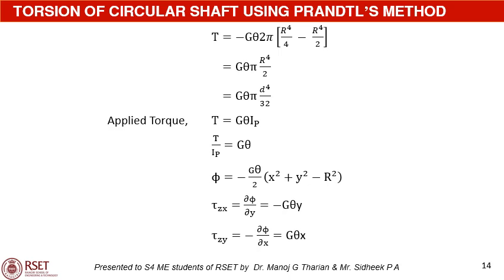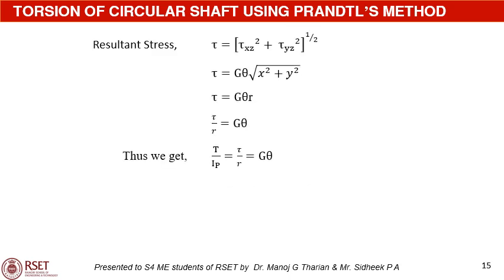Substituting for phi, we get tau zx is equal to minus Gθ into y. The shear stress component tau zy is equal to minus ∂phi/∂x. Substituting for the Prandtl stress function phi, we get tau zy equal to Gθ into x.